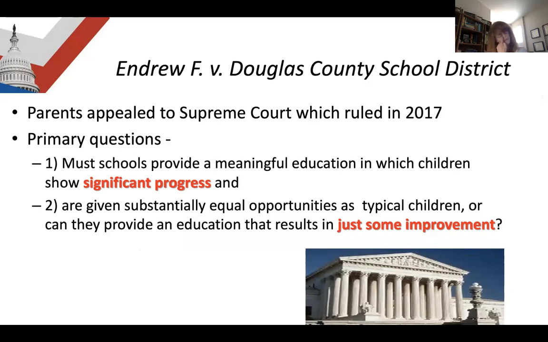The primary question of this particular court case was whether schools must provide a meaningful education in which children show significant progress and are given equal opportunities as their peers, typical children, or do we just provide an education for these children who have learning challenges and learn differently? Do we just provide them an education that results in just some improvement?